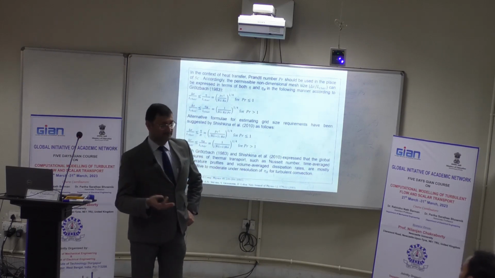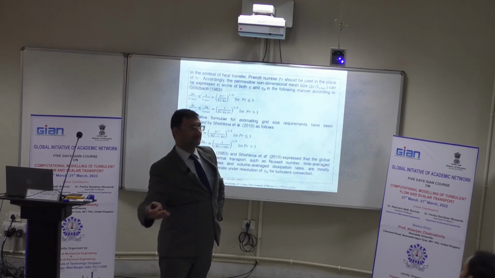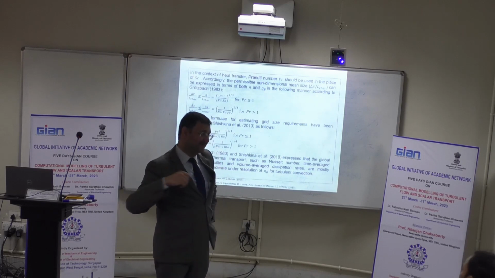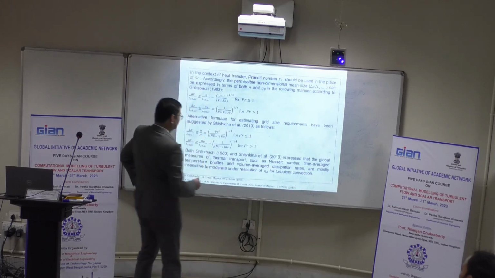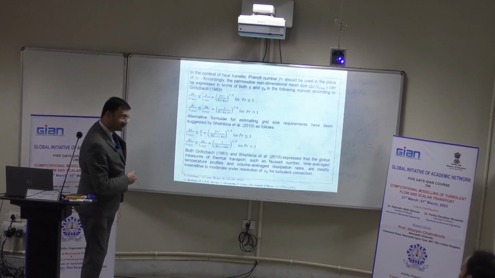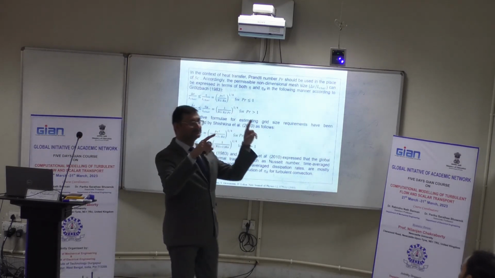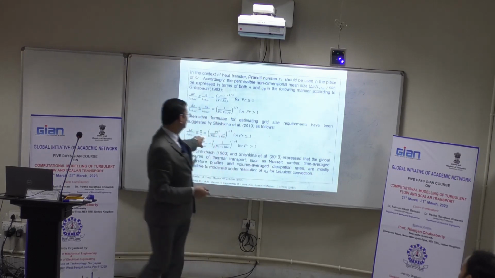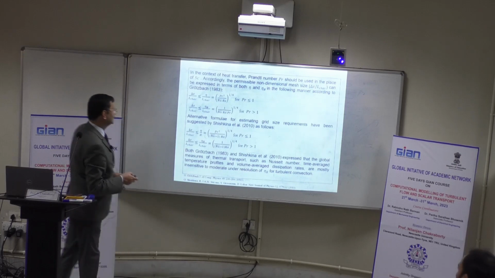People are doing many things, so in future there might be some other things in the case of forced convection as well. I'll also change this one in the updated slide. H is essentially height of an enclosure, so I'll change it to L characteristic. This is basically based on a characteristic length, nothing else.